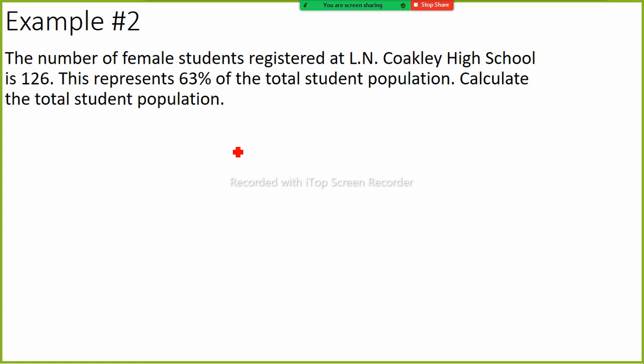What are we going to divide? Okay, we're going to divide 126 by 63. 126? You sure? Just 126? No, with the 2 zeros. With the 2 zeros. Very good.